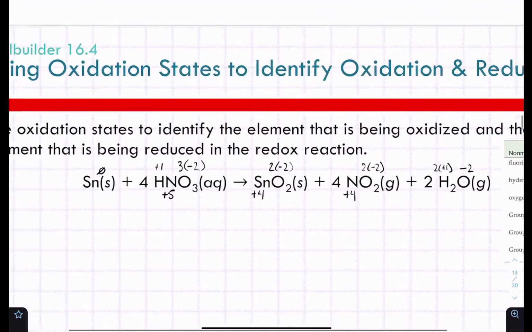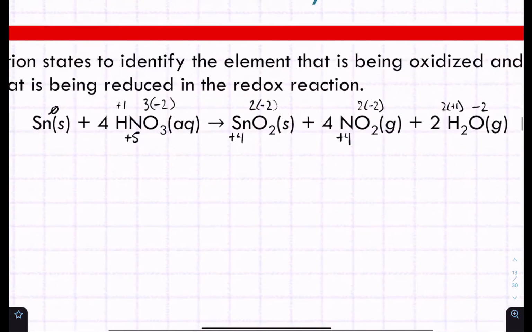All right, so looking at our whole reaction here now, what elements, what atoms have oxidation states that change going from reactants to products? So which oxidation states change going from reactants to products?